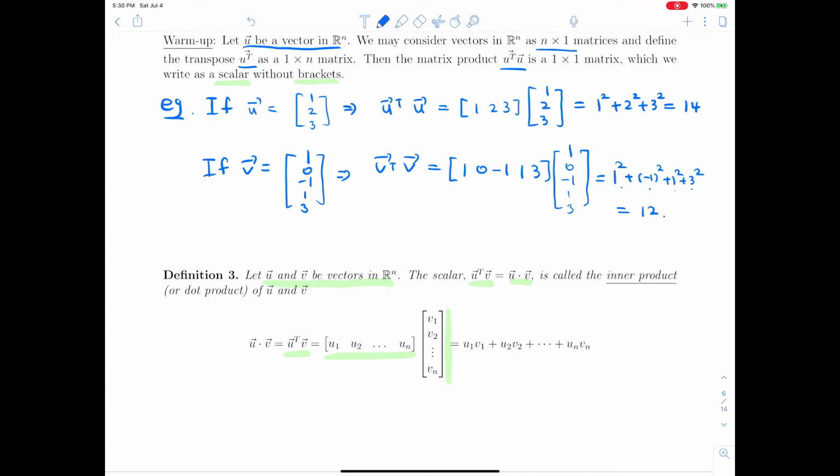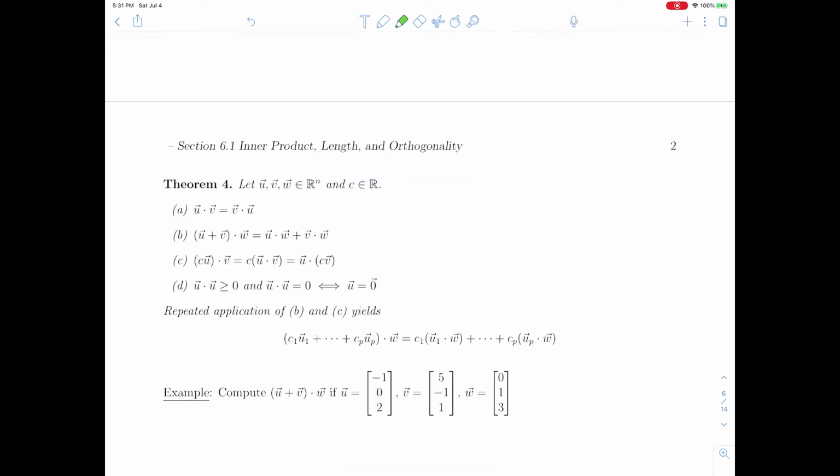If you multiply them literally, that gives you u1 v1 plus u2 v2 and so on plus un vn. If you already had Calculus 3, this is the same as the dot product in Calculus 3.